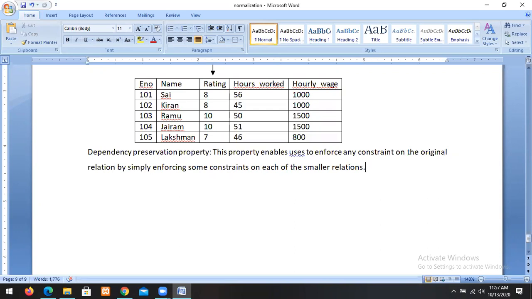So when we enforce some constraints on the original relation, it is necessary to enforce some constraints on the smaller relations also. That's what we call dependency preservation.